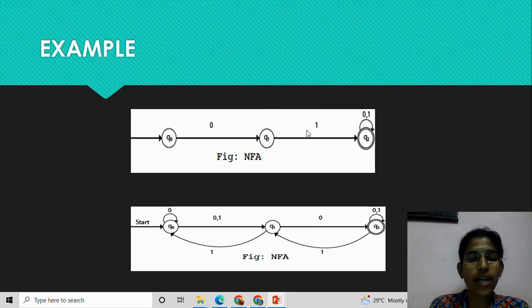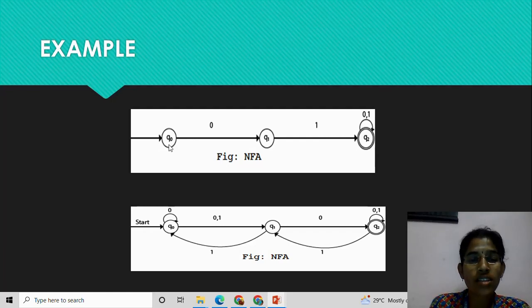So this is a simple example for non-deterministic finite automata. There are 3 states with the names Q0, Q1 and Q2. How many states are available? 3 states, Q0, Q1, Q2. The starting state is always marked by an arrow mark.